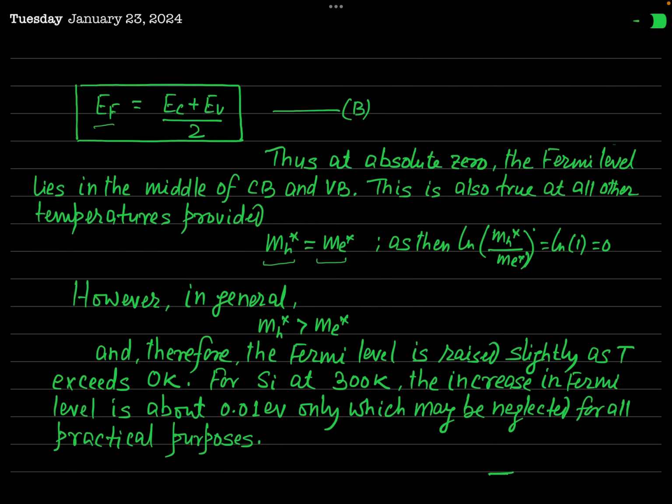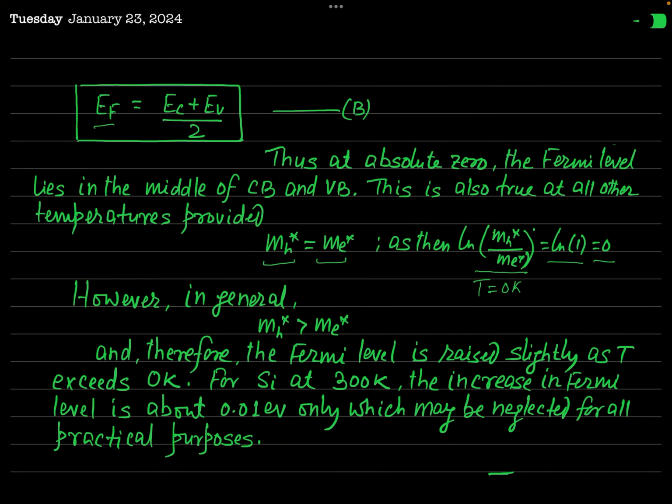T is not 0 Kelvin, but MH star is equal to ME star. Then what will happen? In that condition the natural log of MH star over ME star will be the natural log of 1, and the natural log of 1 is 0.